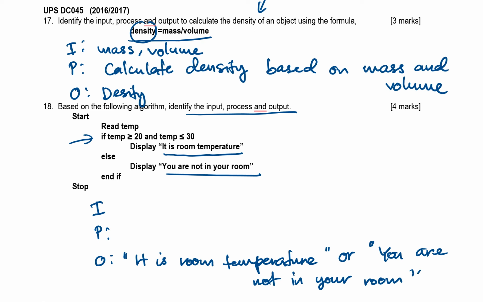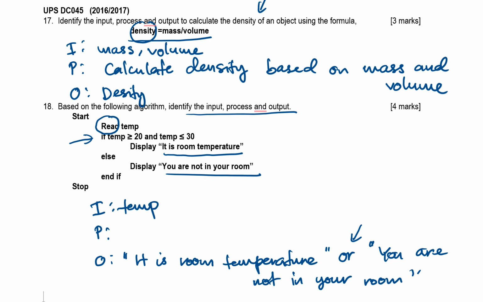So this is the output. You have to use "or" because it is either one. The program will display either one, whether it is room temperature or you are not in your room. So how about the input? Okay, you can see the word here is read. Read enter input is the input. So the input is 10.